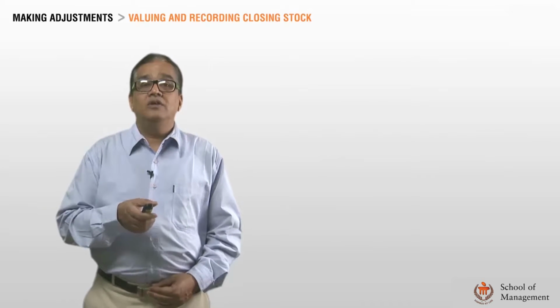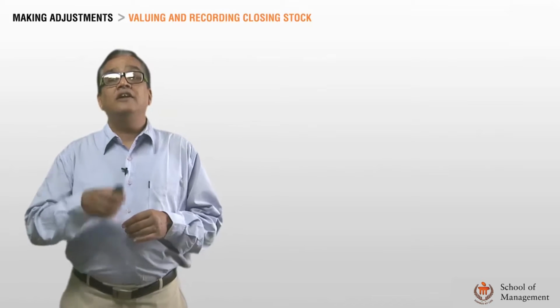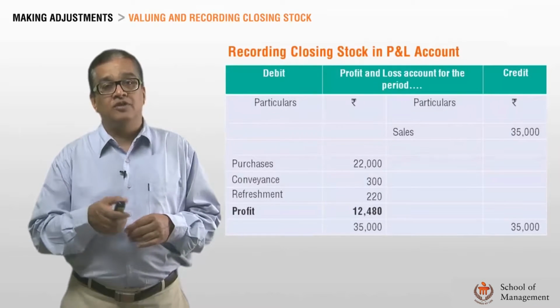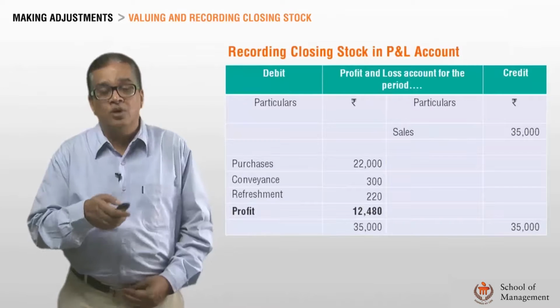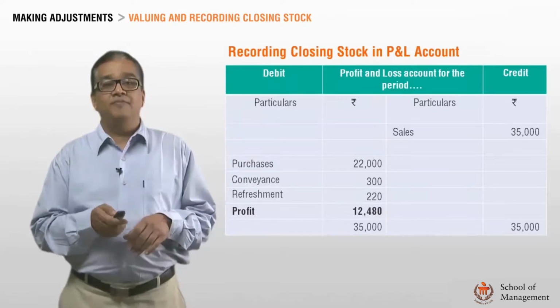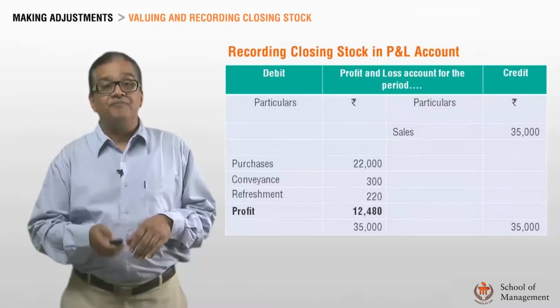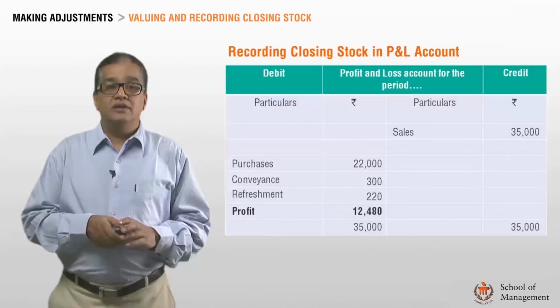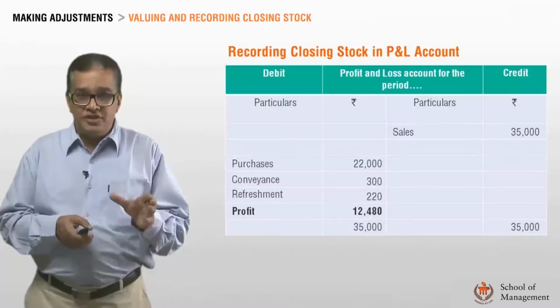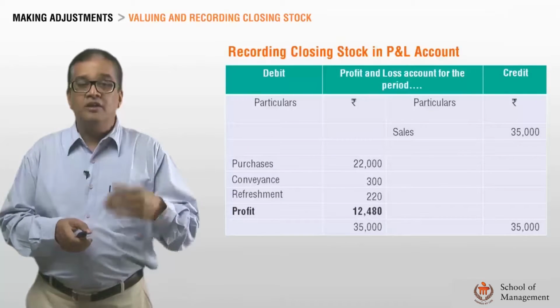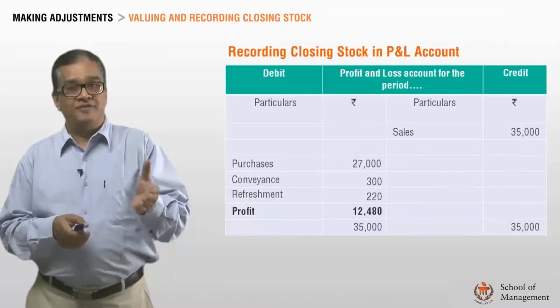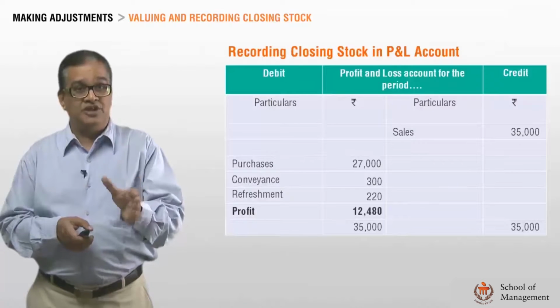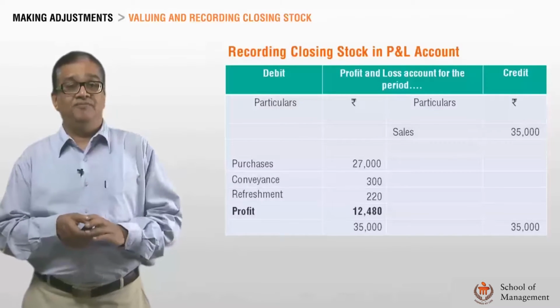How do these amounts get into the P&L account, or how can we show them in the P&L account? Now, in the P&L account, the purchases will increase by rupees 5,000 because of the purchase of additional shirts.